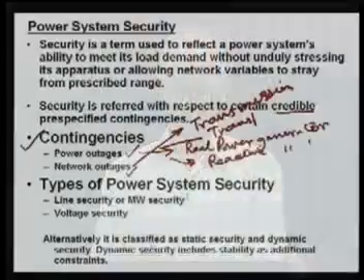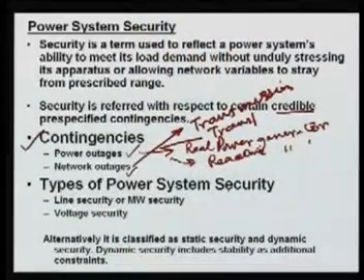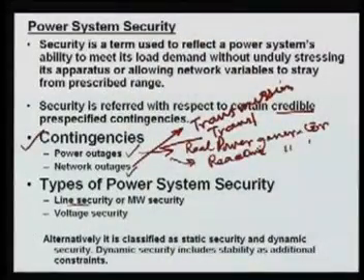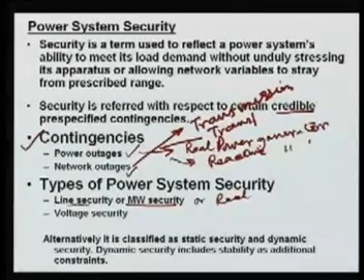Again, power system security can be classified into two categories. One is line security, or the megawatt security, sometimes also called real power security. Another is voltage security. In line security, or megawatt security, or real power security, we normally deal with the power flow of the transmission lines and the transformers.